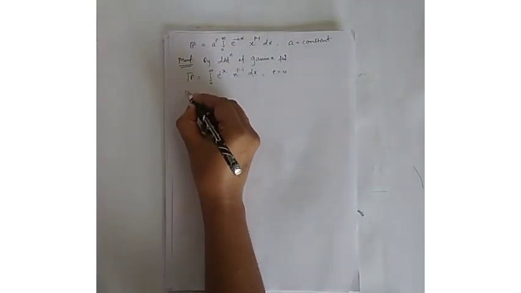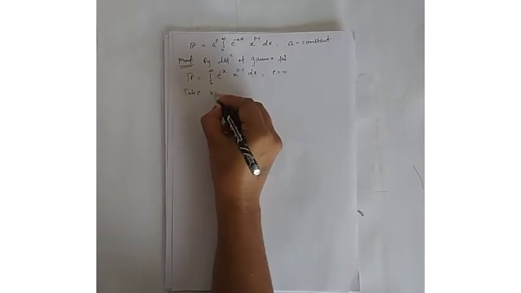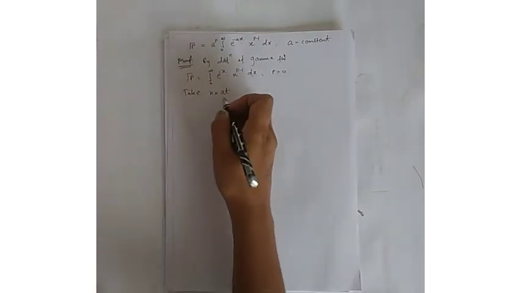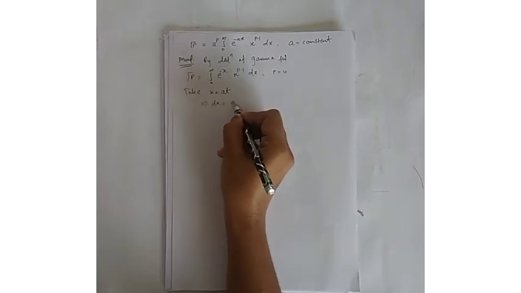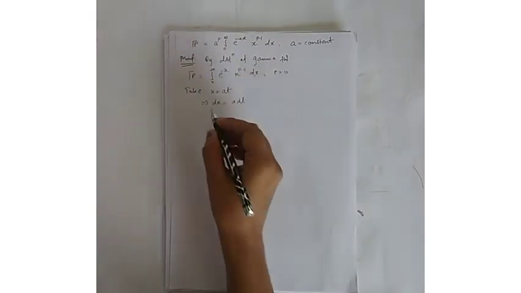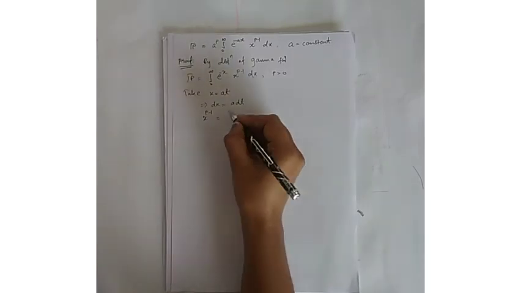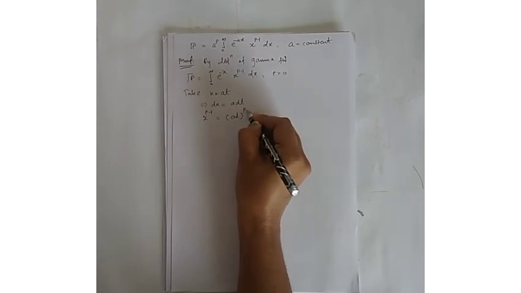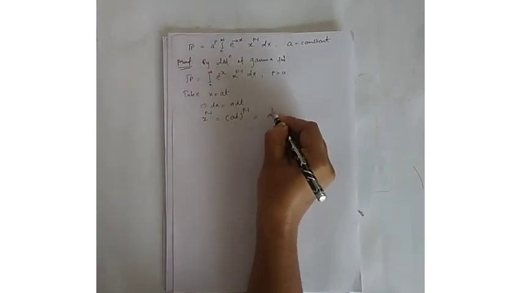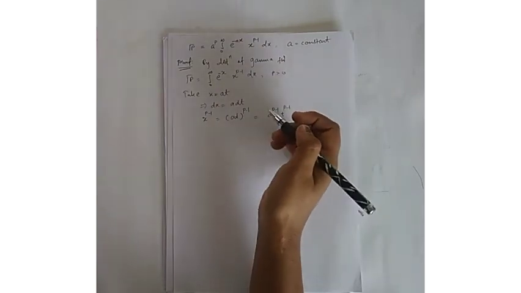So let us take x is equal to a t. So dx is equal to a dt, and x raised to p minus 1 is equal to a t whole power p minus 1, which is a raised to p minus 1 into t raised to p minus 1.